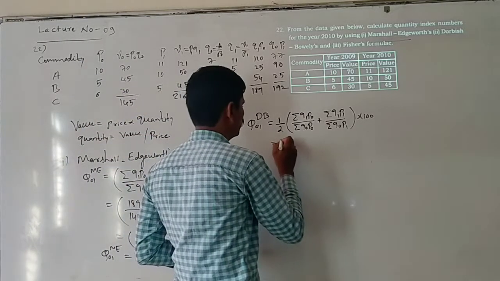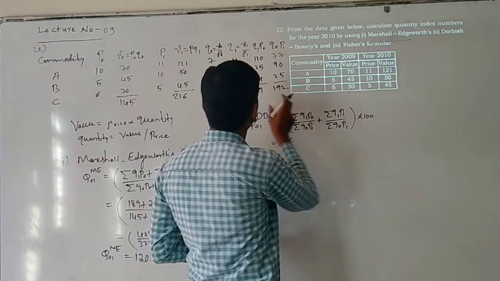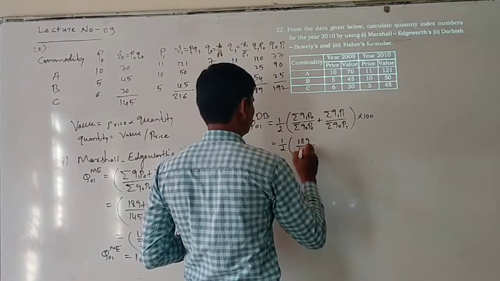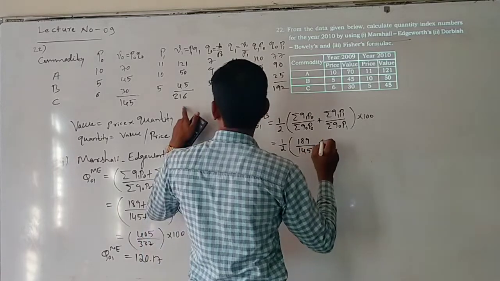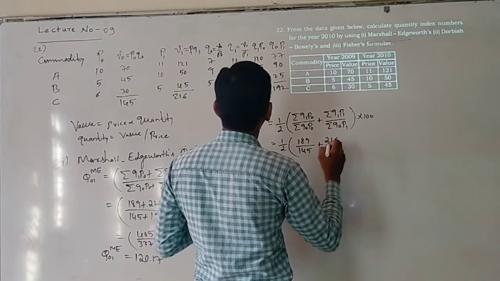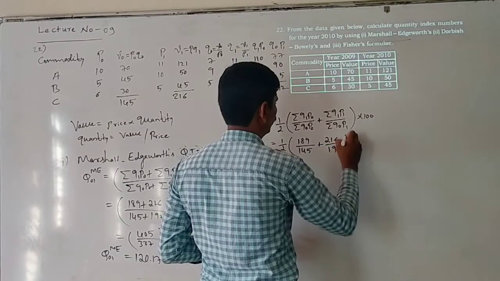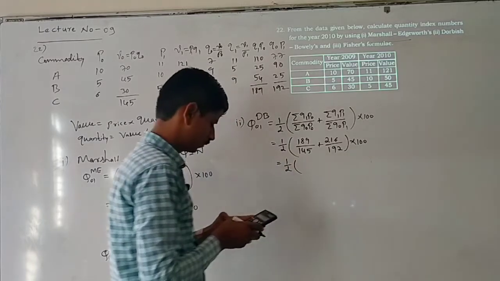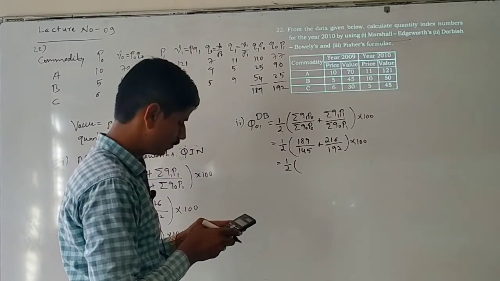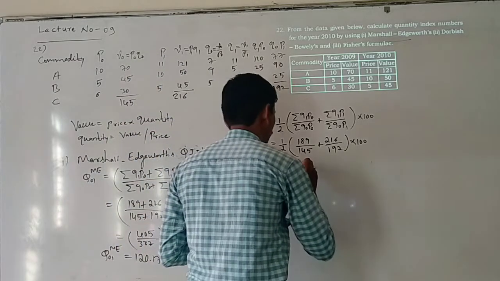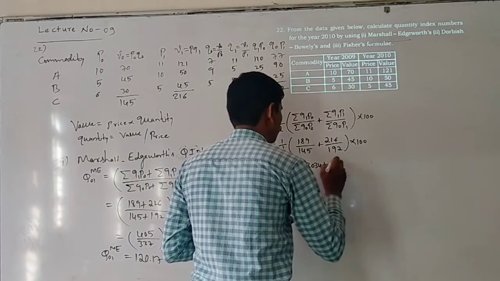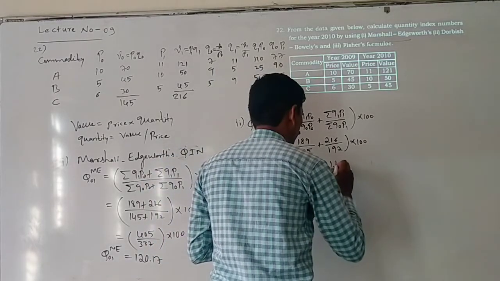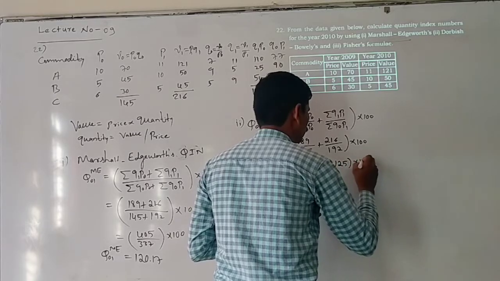Okay, substitute the values. 1 by 2 into sum of Q1 P0 is 189, sum of Q0 P0 is 145, plus sum of Q1 P1 is 216, sum of Q0 P1 is 192, into 100. Here 1 by 2 into 189 divided by 145 is 1.3034, plus 216 divided by 192 is 1.125, into 100.